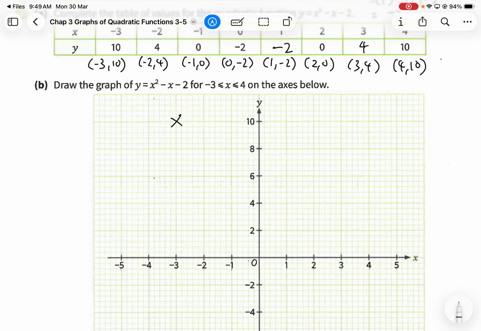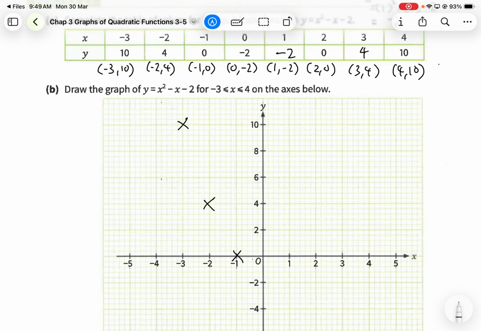When x is minus 2, y is 4. So left and right, go to minus 2, up and down, go to 4. Then I will have another point here. Negative 1, 0. So negative 1 is my left and right, 0 is my high and low. So here. 0, minus 2. Here. 1, minus 2.